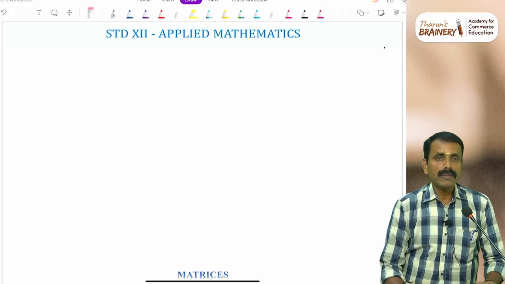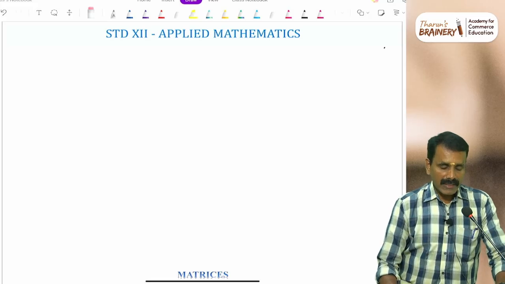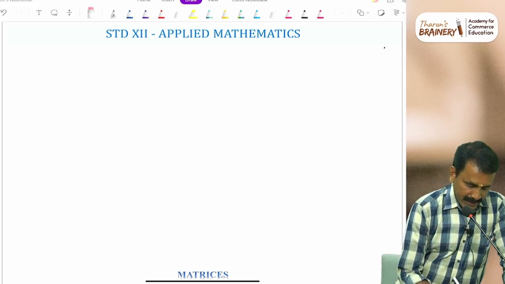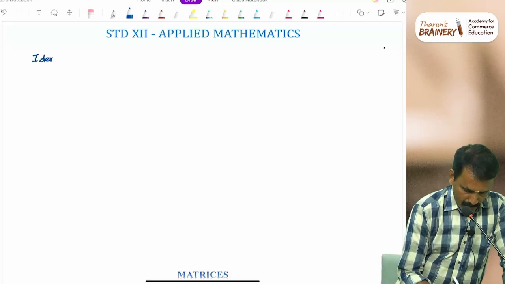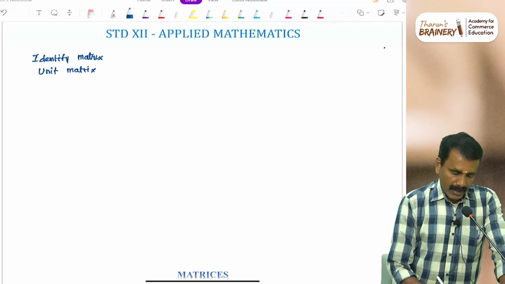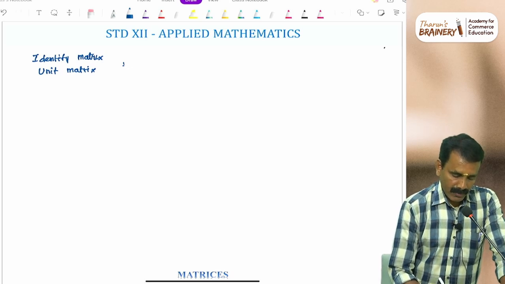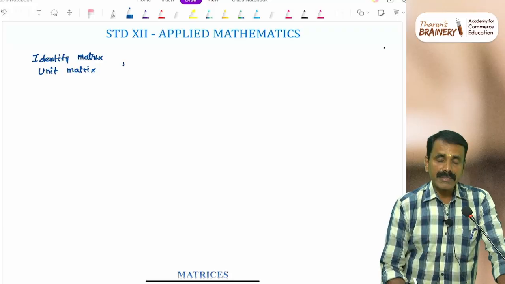So, we have learned square matrix, then diagonal matrix, scalar matrix. Now, we are going to define identity matrix or unit matrix. Identity matrix or unit matrix are denoted by I suffixed with the order. Okay. Now, what is the identity matrix?